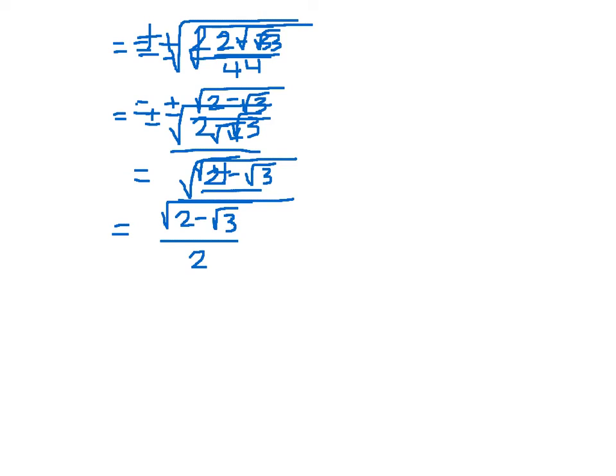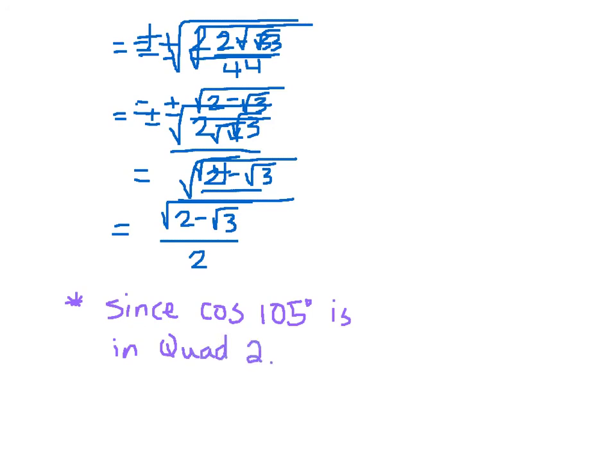Since we start off with the cosine of 105 degrees, oops, 105, not 150, and since this is in quadrant 2, the answer is going to end up being negative, because cosine is negative in quadrant 2.